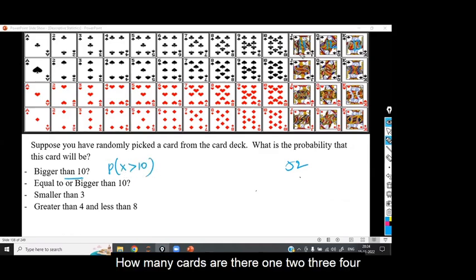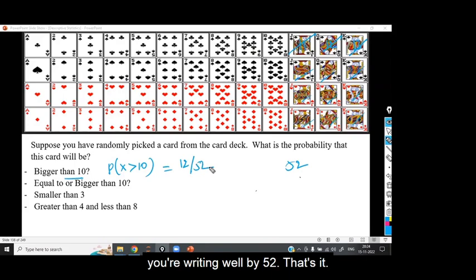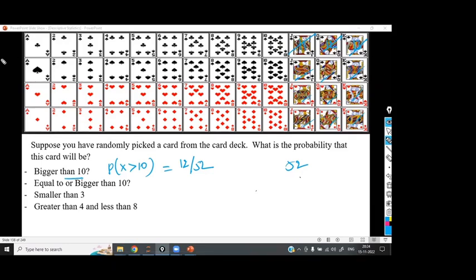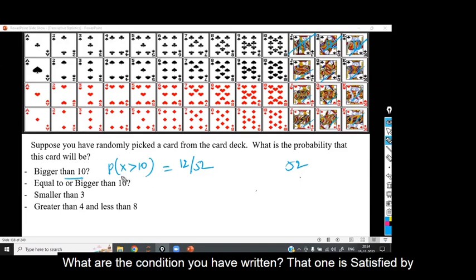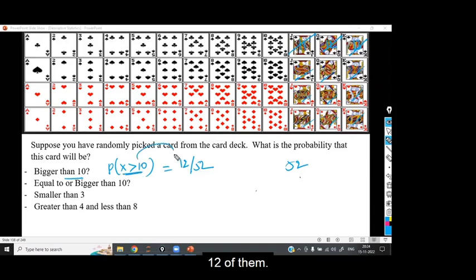How many cards are there? 1, 2, 3, 4, 5, 6, 7, 8, 9, 10, 11, 12. 12 cards satisfy your condition. So you write 12 by 52. Out of all the possibilities, 12 of them satisfy your condition. So 12 by 52.